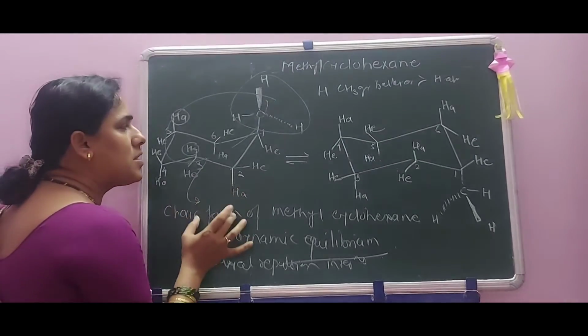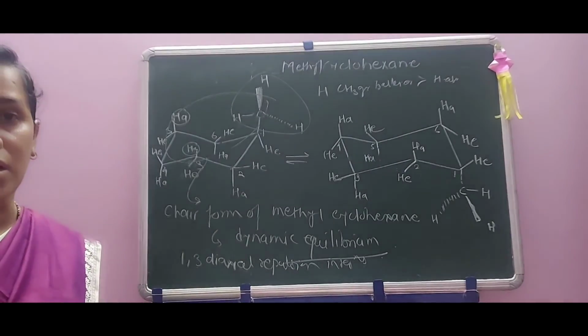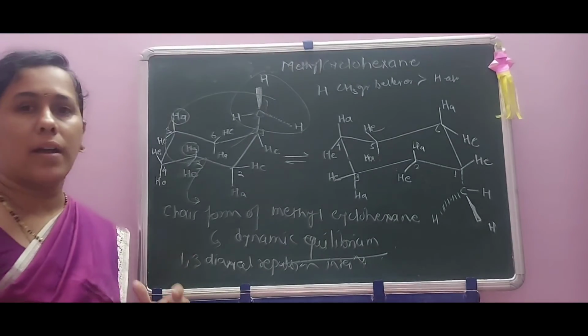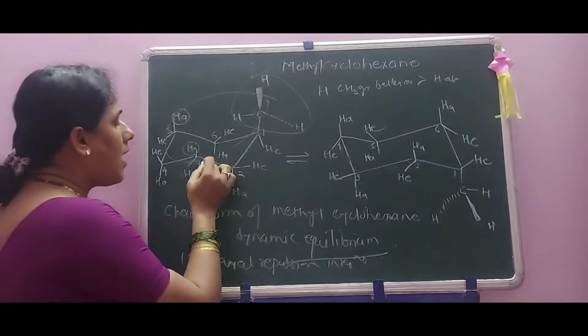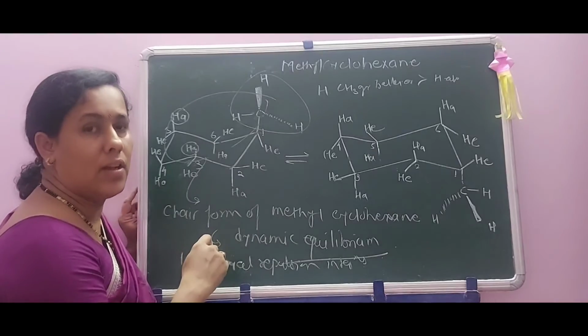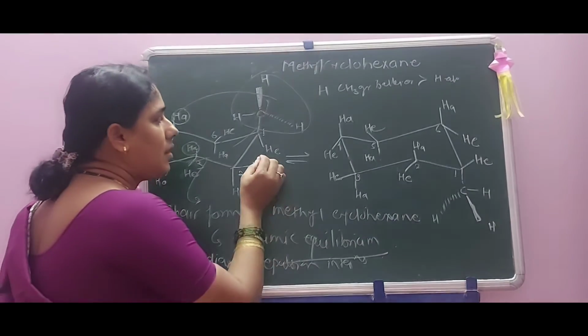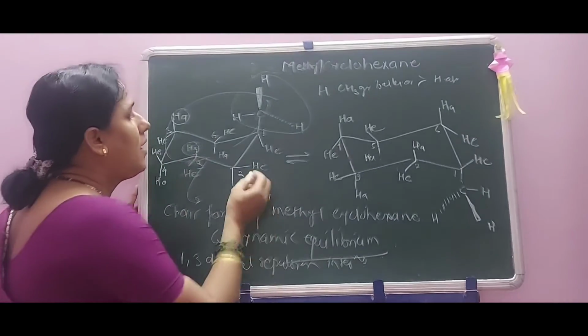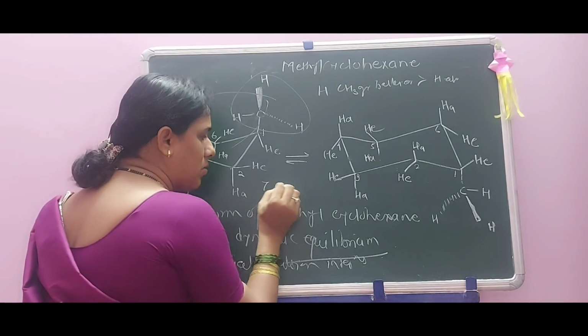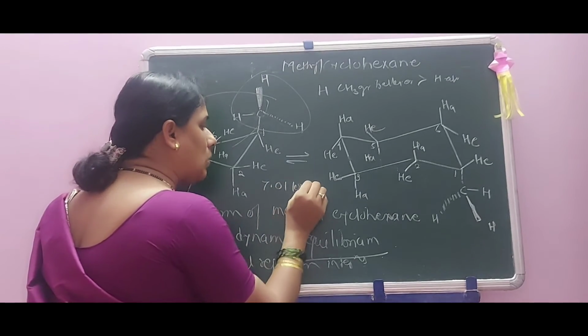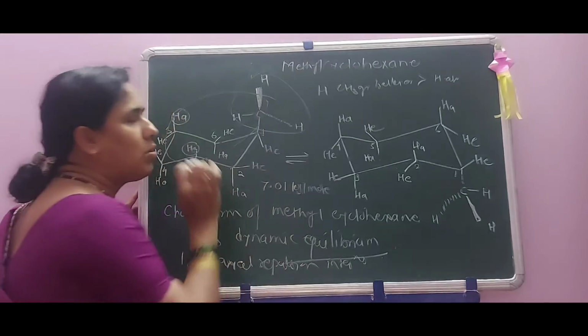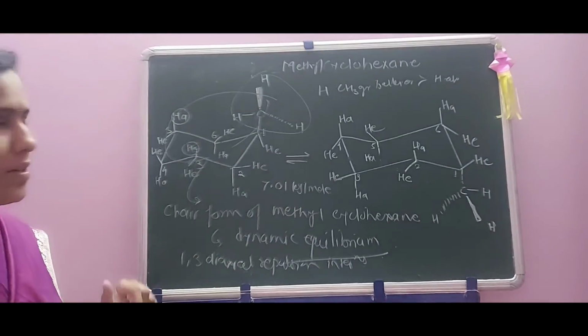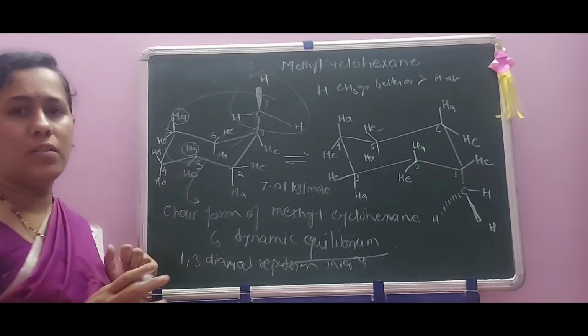Therefore, the chair form of this methyl cyclohexane becomes strained. Compared to the equatorial form, it has extra energy equal to 7.01 kilojoule per mole. Thus the molecule becomes less stable, and it is the least favored configuration.